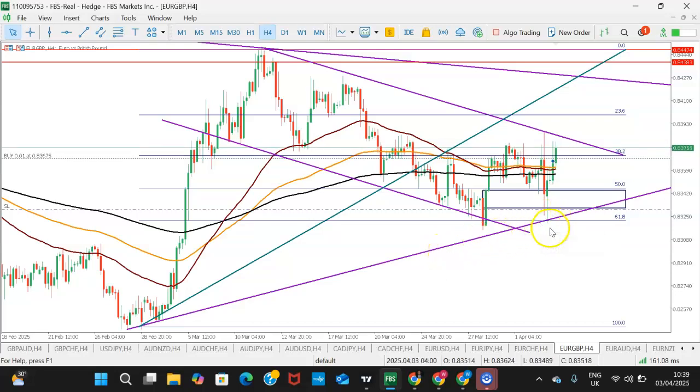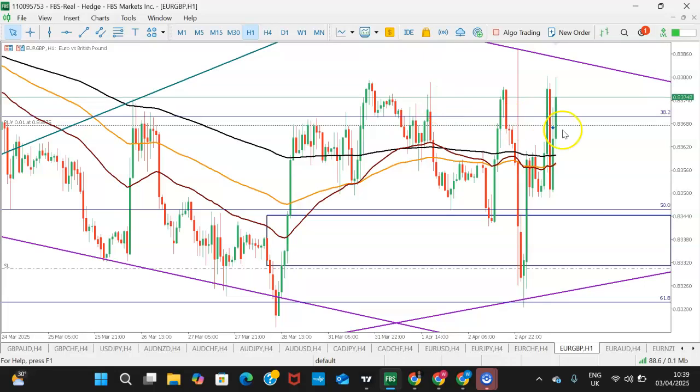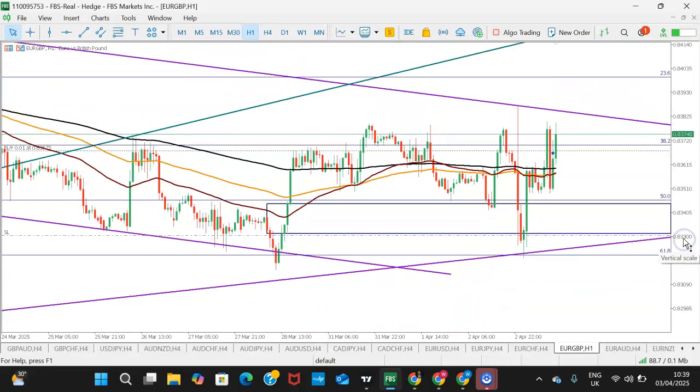Using this as confluence, I see that price tried to rally, pulled back, and still closed engulfing, which was a confirmation for me. So I went to my lower time frame, my 1 hour, and opened my position, setting my stop loss below this zone, and this trade is currently running. We're actually in profit, about 15 pips currently. So we're waiting to see how the trade turns out.